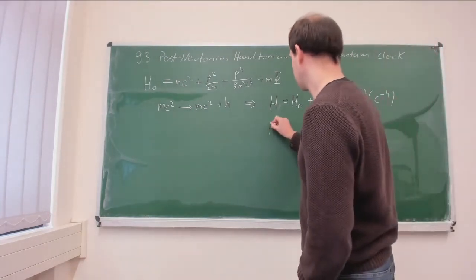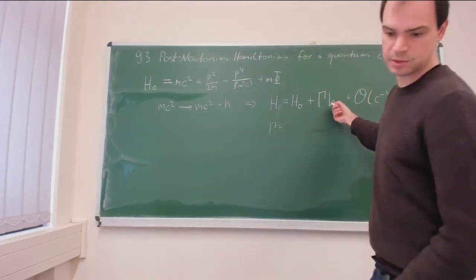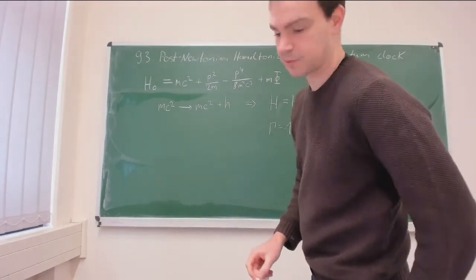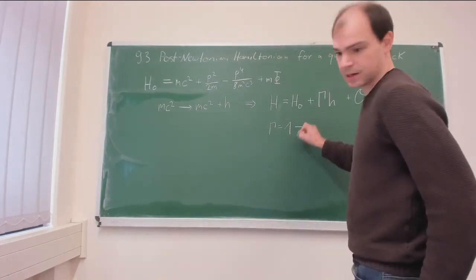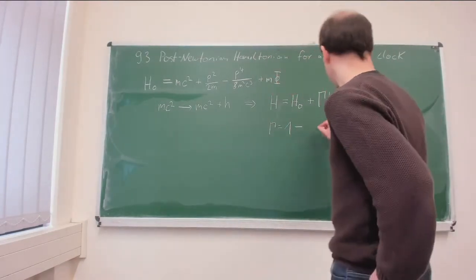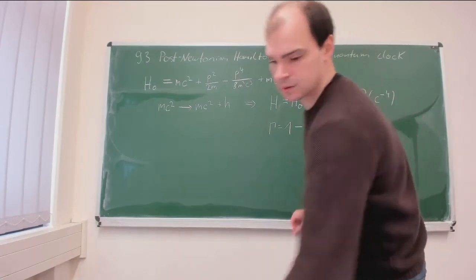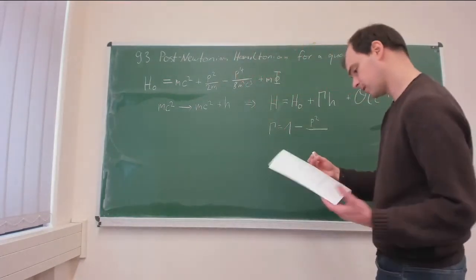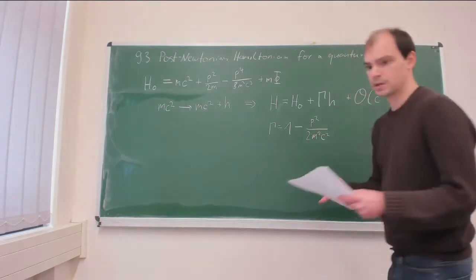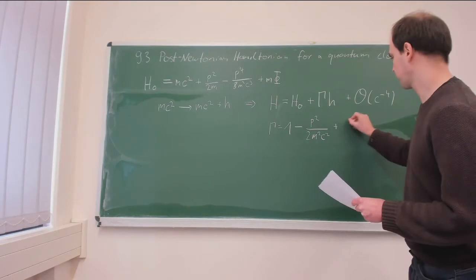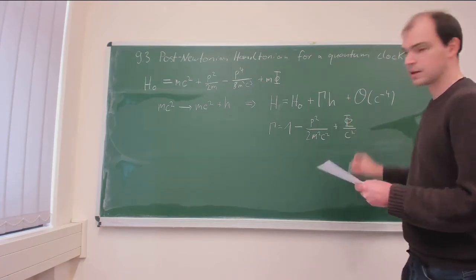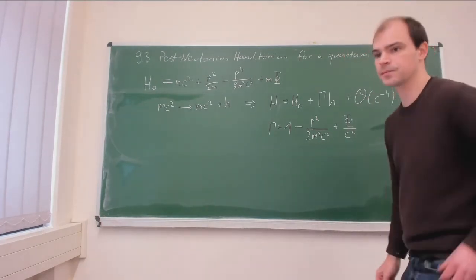And then this gamma here that couples to the internal Hamiltonian is the following. It's 1 minus p² divided by 2m²c² plus Φ divided by c².